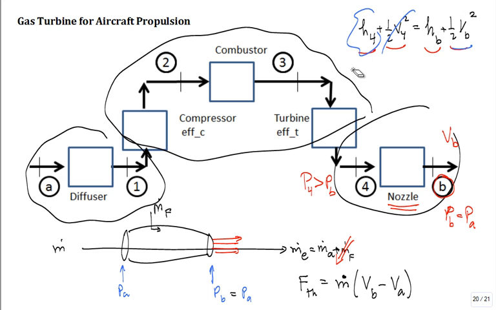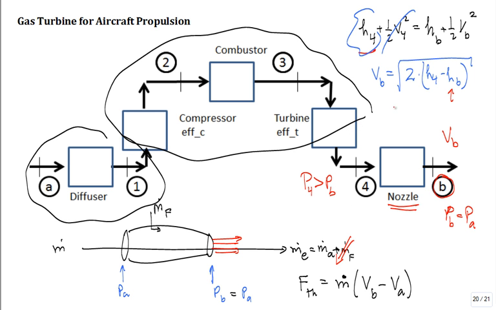Because if I know HB, then I can calculate the velocity at the exit, right? So the velocity B is equal to the square root of 2 times H4 minus HB. So it boils down to, if I want to calculate the thrust, I need to find V sub B, I need to find HB.